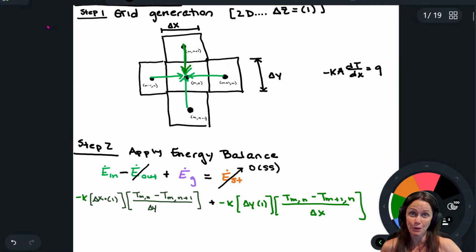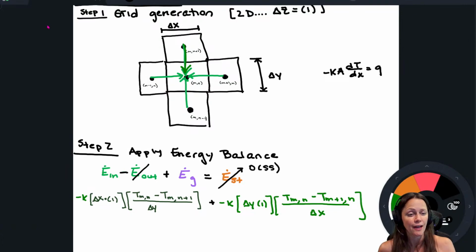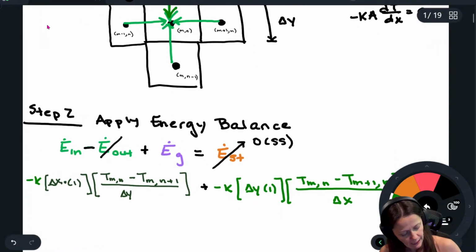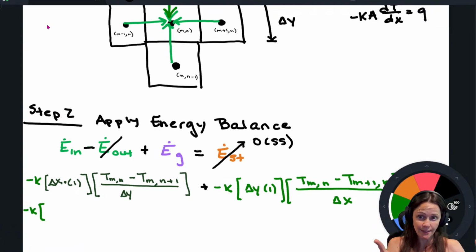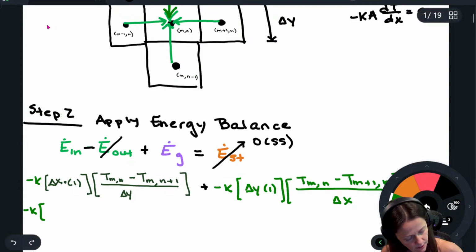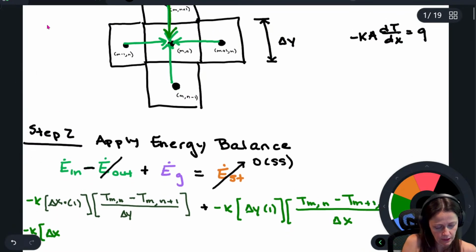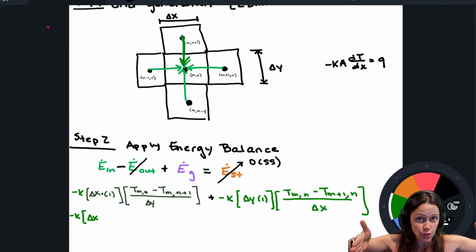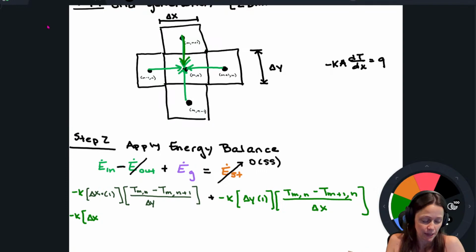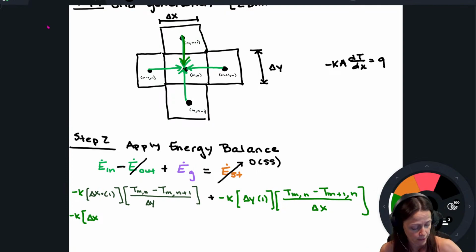Coming in from 6 o'clock, we have negative k times this area right there, delta x times the distance into the screen, delta z, which again is just 1 since it's a two-dimensional problem.